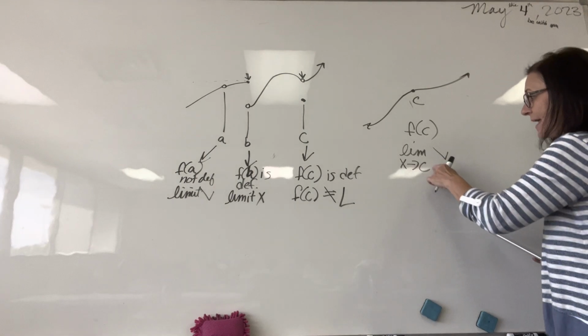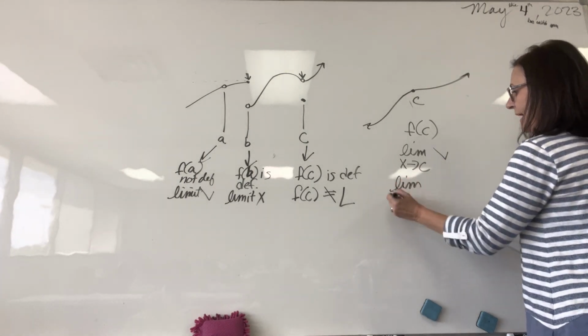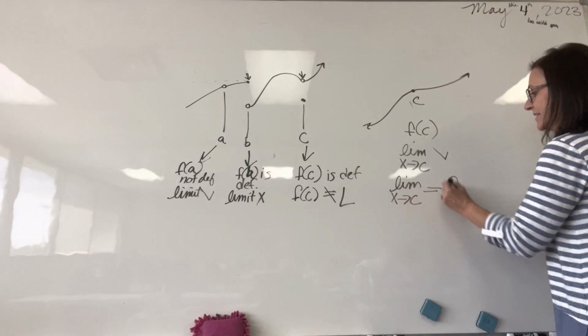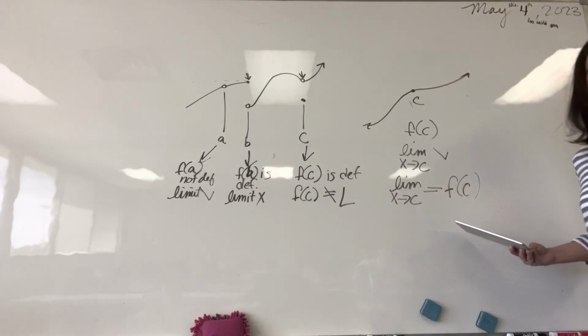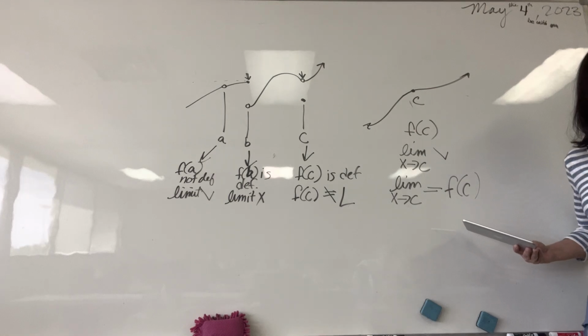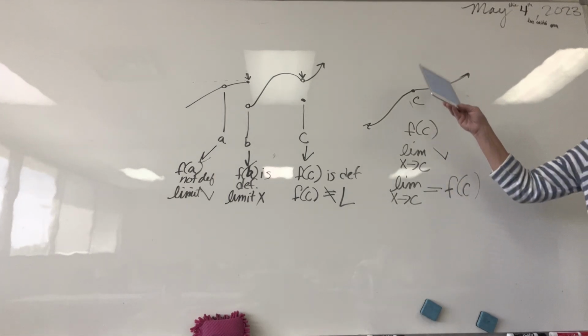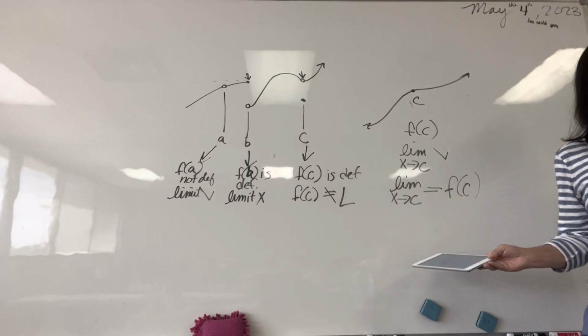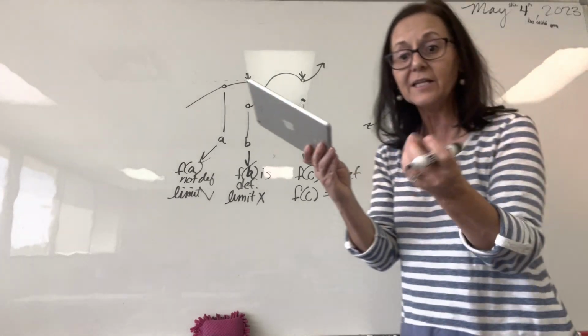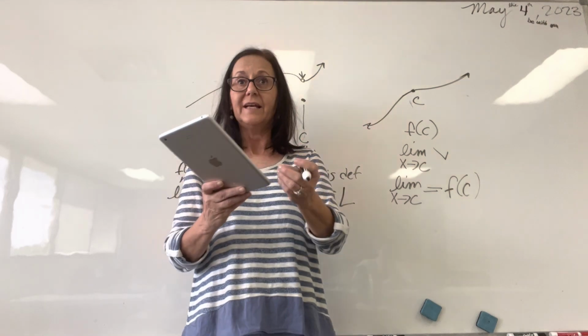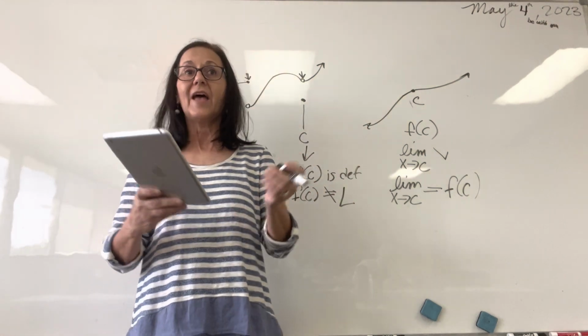And that limit as x approaches c does equal whatever f of c is. This is the only case. And this has to be a polynomial, or we have to be looking at an interior point in something other than a polynomial.